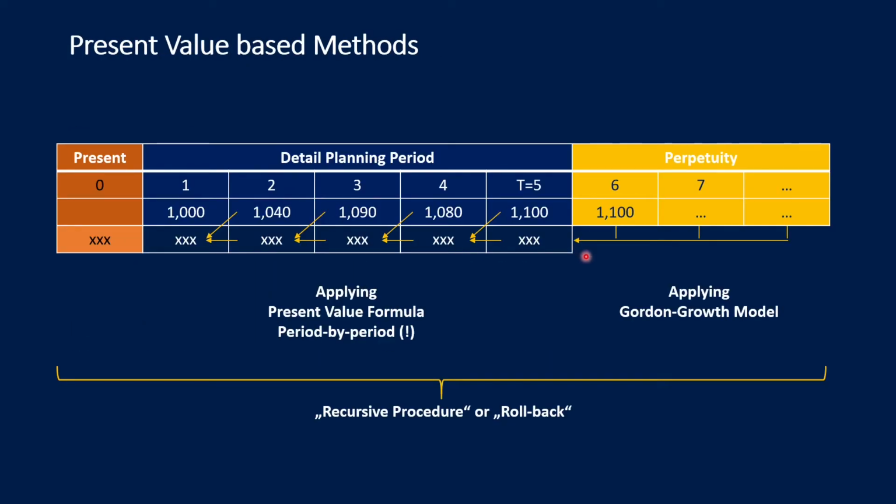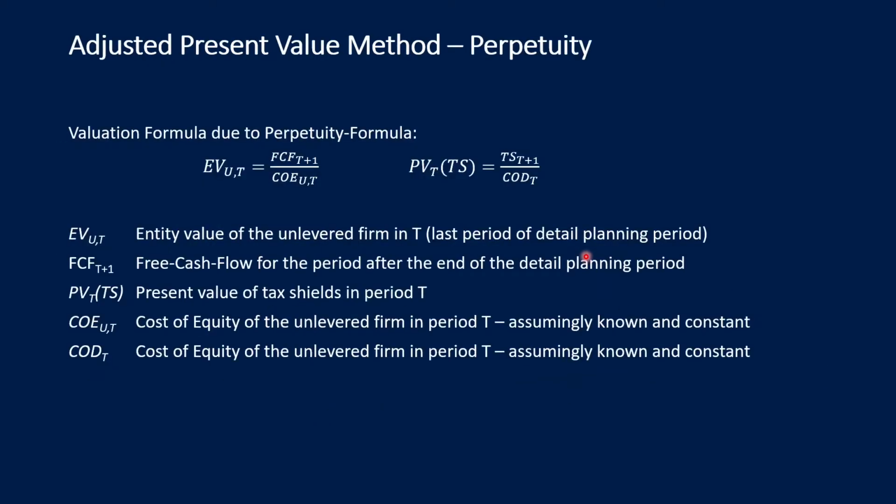I already showed this slide. First, we now start with the perpetuity. So the valuation formula for the perpetuity is the free cash flow for all future cash flows starting in t+1, discounted at the cost of equity of the unlevered firm.